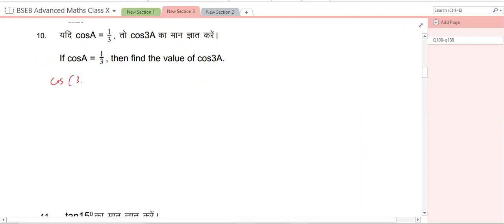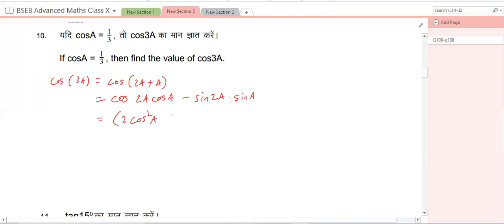So cos 3A is equal to cos of (2A plus A), which is a compound angle: cos 2A cos A minus sine 2A sine A, which is equal to (2 cos squared A minus 1) times cos A minus 2 sine A cos A times sine A, which is equal to 2 cos cubed A minus cos A, distributing it into the bracket.